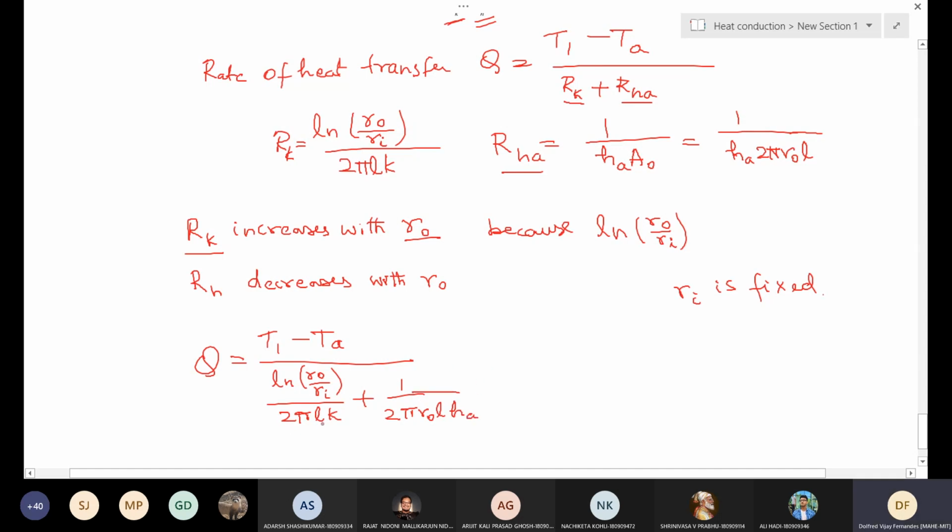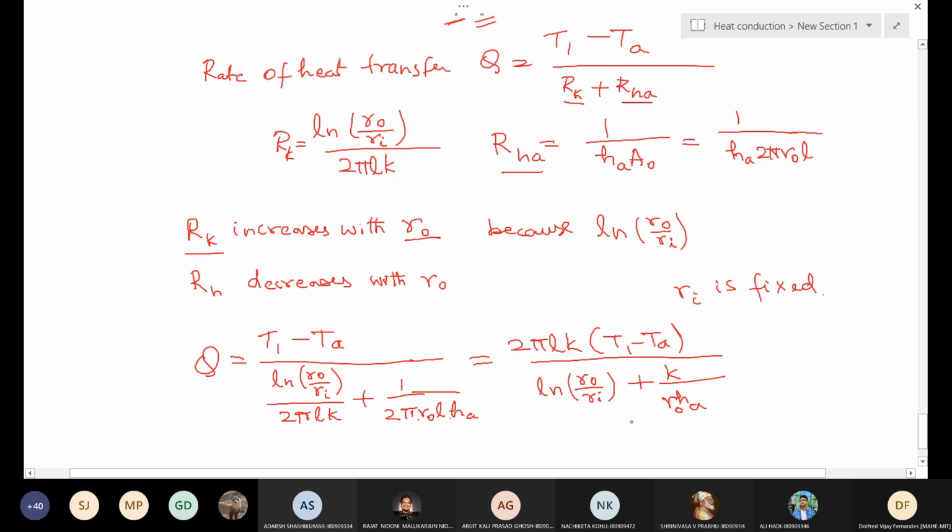So the common things like 2 pi L, I can take out and take to the numerator, and also with that I will take the thermal conductivity into T1 minus TA. Then what is left here? I have taken 2 pi Lk to the numerator, so I have simply ln R0 by Ri. From this one I have taken 2 pi L and K also, so I should write K here, divided by R0 into HA.